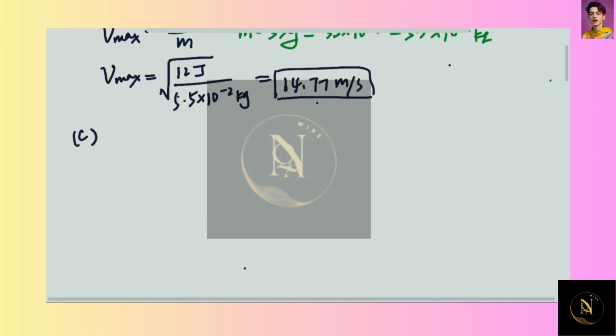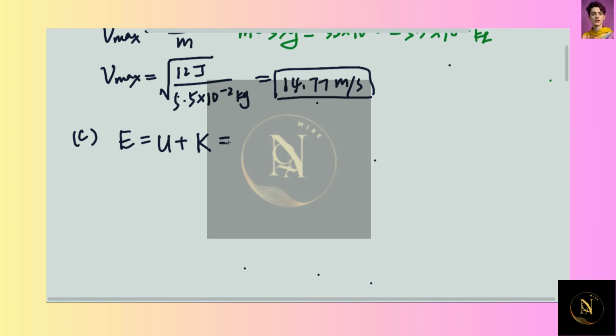In order to solve that, we write out the energy equation again. E equals potential energy U plus kinetic energy K. Since we have a displacement but not at its maximum, we can't get rid of either U or K, so we need to incorporate both of the equations in order to solve the problem.